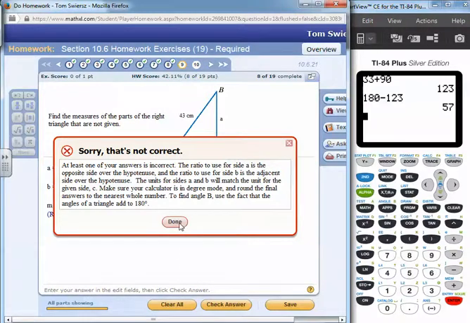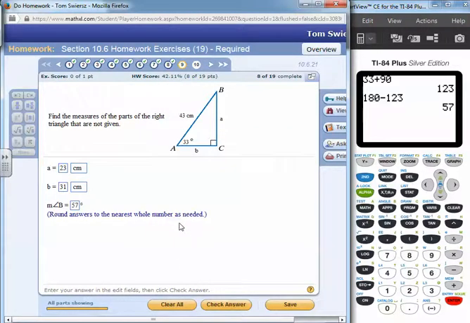33, 31 centimeters. Huh. Let's see here.